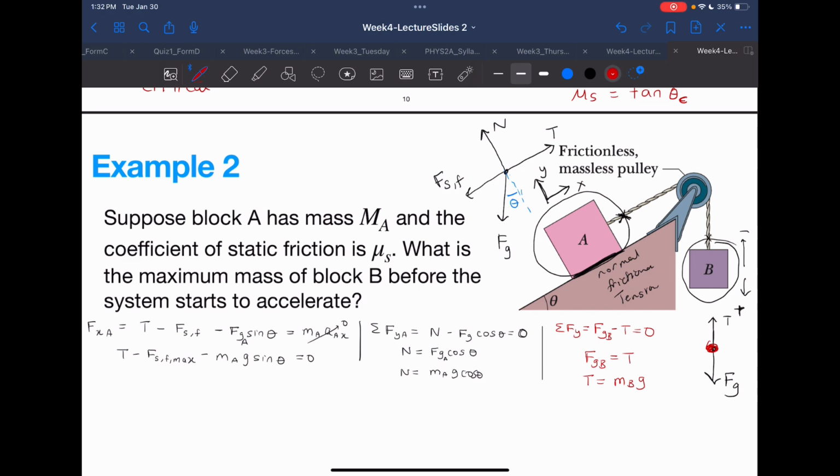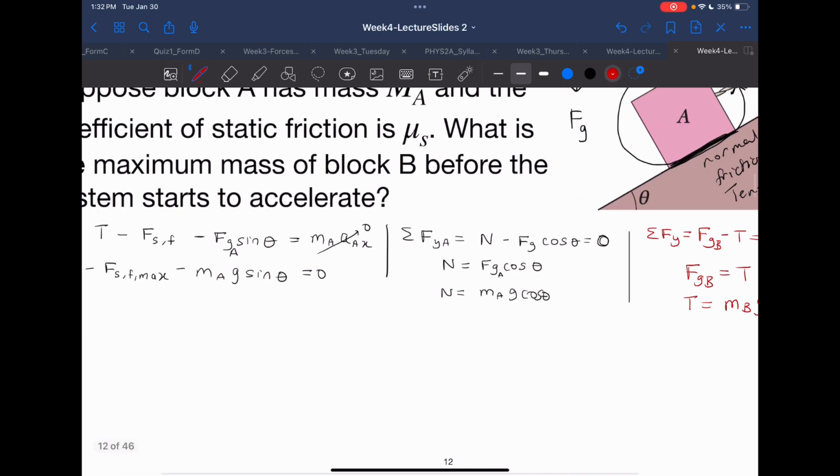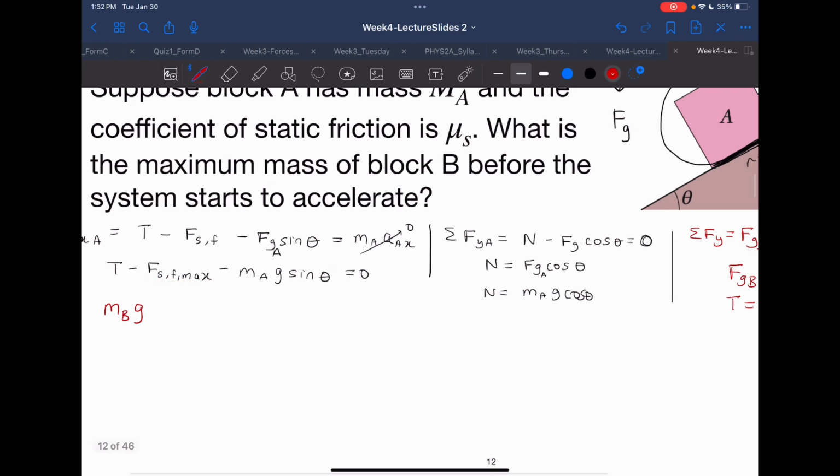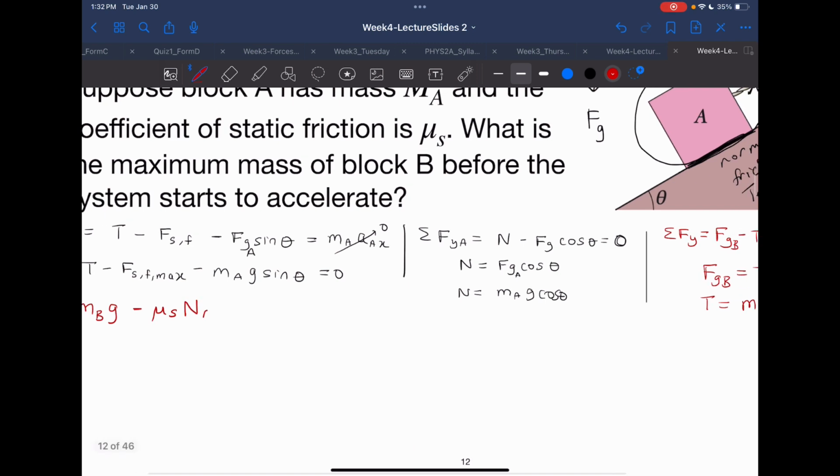So the tension force is just mass of block B times gravity. And note that we've taken the force of friction to be its maximum value, because we're trying to make mass B as heavy as we can without the system accelerating. So this is minus mu sub s times the normal force on block A minus mA g sine theta equaling 0.